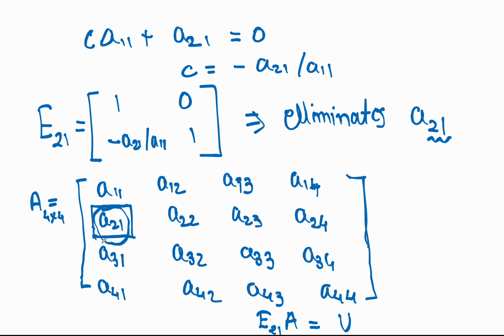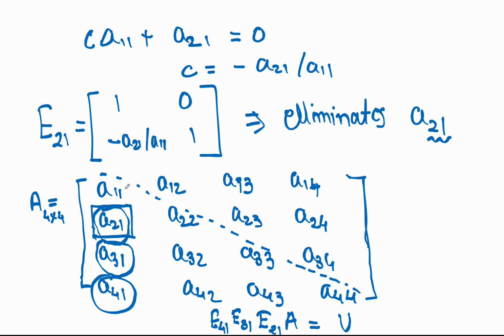Then we will make this element 0, that will be E31. Next we will make this element 0, which will be E41. Next we are supposed to keep the diagonal entries, and we should not make them 0.